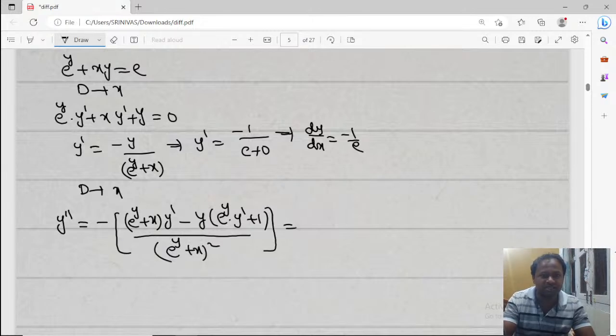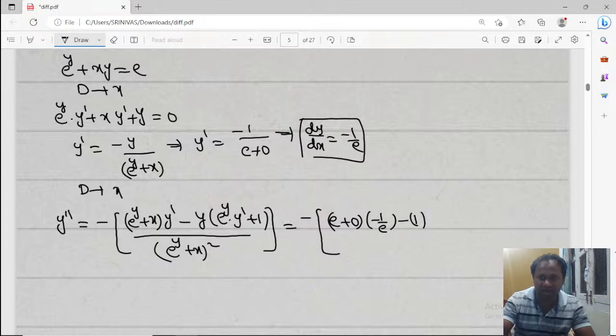Substitute all values here. Minus of e power y, e, plus x value 0, y dash value minus 1 by e. Next, minus y value 1 into e power y, y dash value minus 1 by e, plus 1, divided by e power y, which means e, plus 0 whole square.